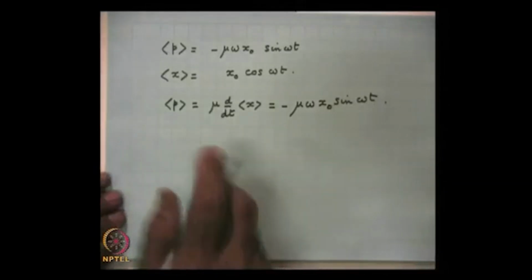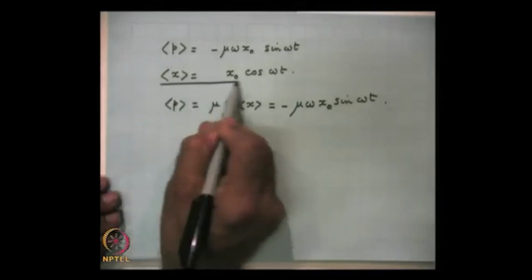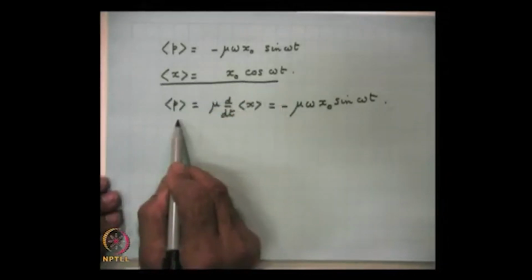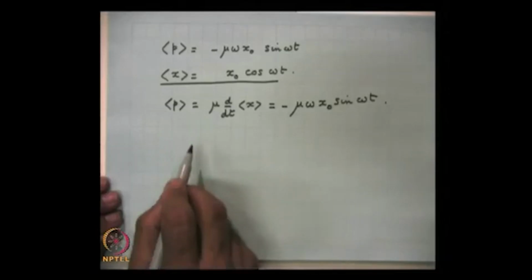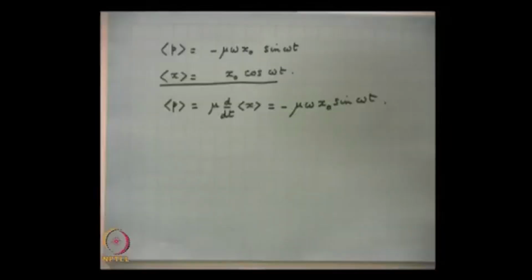And this is the expectation value of p, and so therefore, the coherent state represents the classical oscillator. Okay. Now, maybe we just stop here and start the next lecture from this point onwards. Thank you.